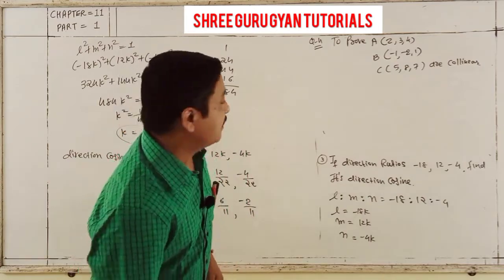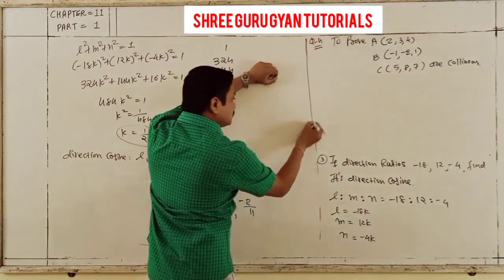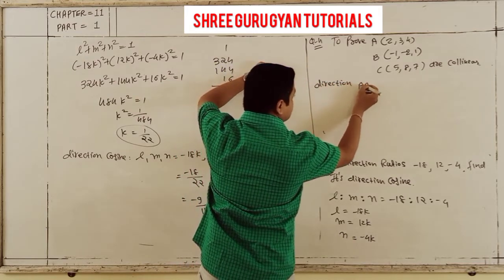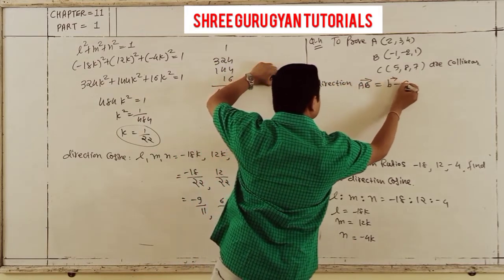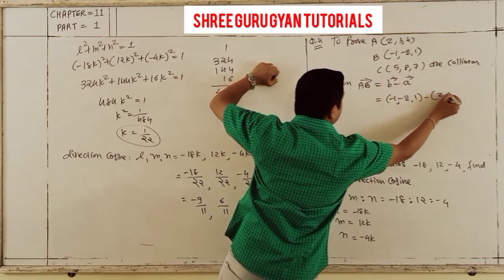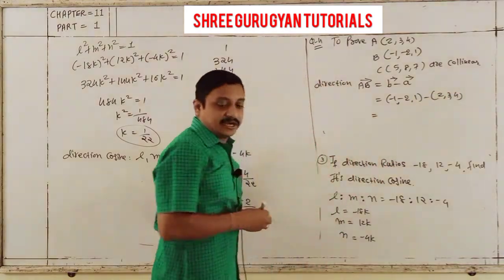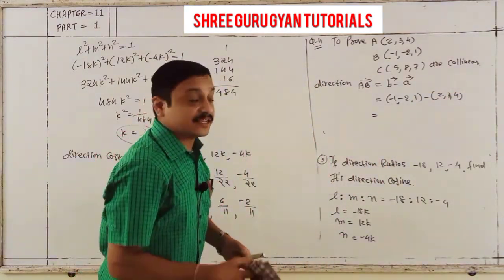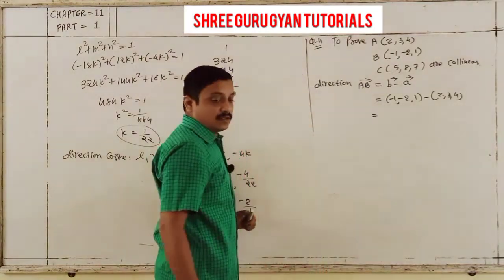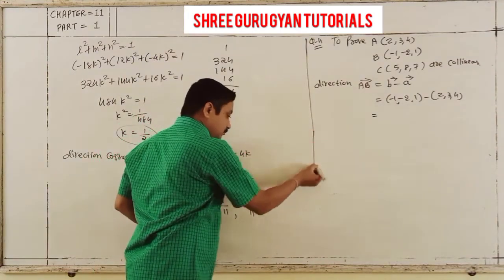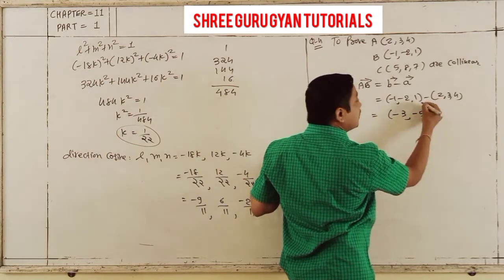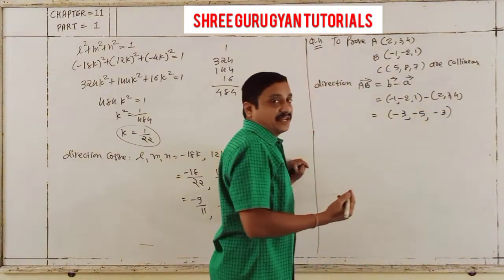So I just take first of all the directions. First the direction of AB. It means B position vector minus A position vector: minus 1 minus 2 1 minus 2 3 4, and derive in a simple way the direction of AB. So my first values are minus 1 minus 2 is minus 3, minus 2 minus 3 is minus 5 and 1 minus 4 is minus 3.